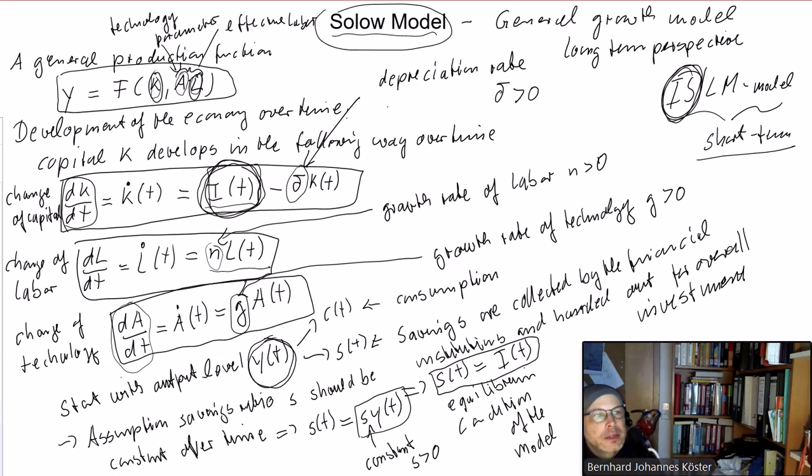We give this to the financial institutions via our savings. So my income every year is split into direct consumption and savings. All the savings within our economy are collected, and with these savings we can do our investment. So our equilibrium condition is then savings equals investment.